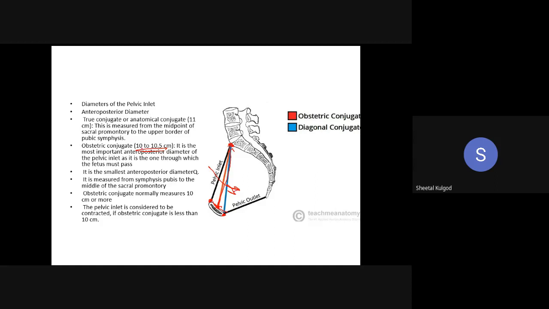It tells how much space is available for the fetus to enter the pelvis, and it is also the smallest anterior posterior diameter. Understood?